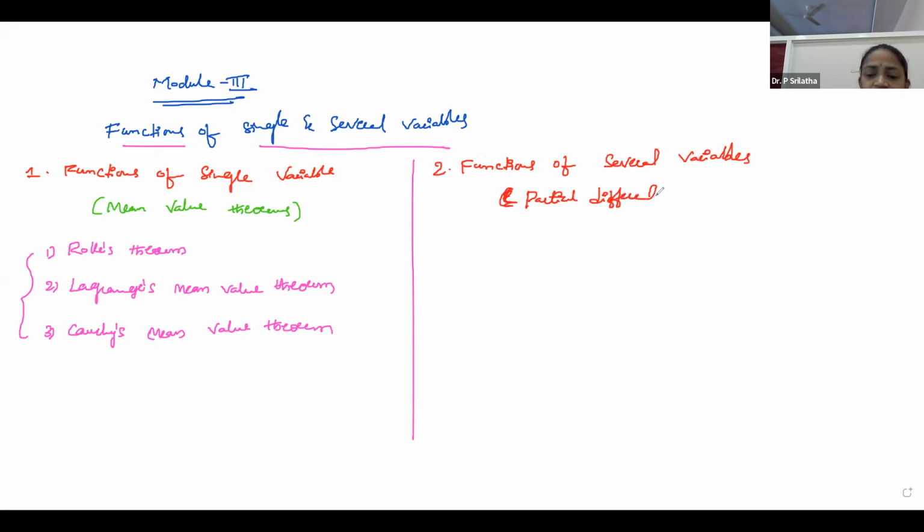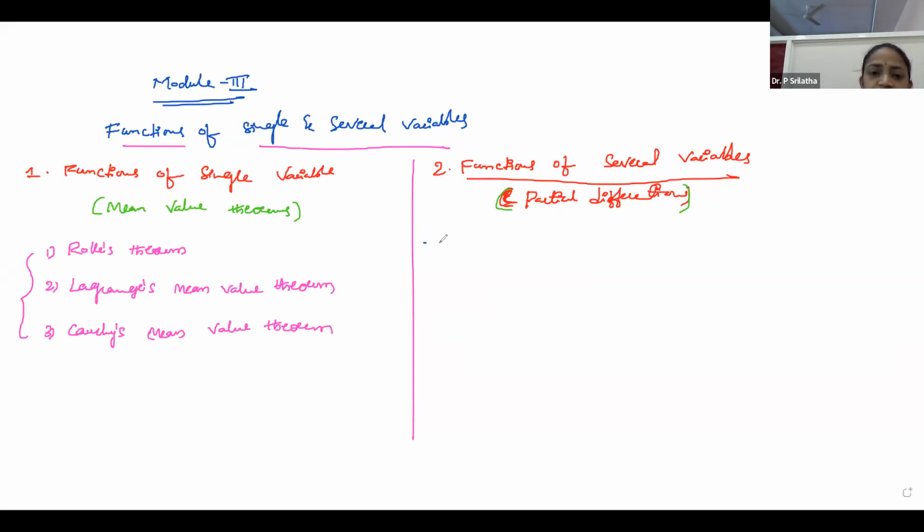This total chapter depends on partial differentiation. So you should know the formulas of partial differentiation. Then only you can solve the problems based on functions of several variables.